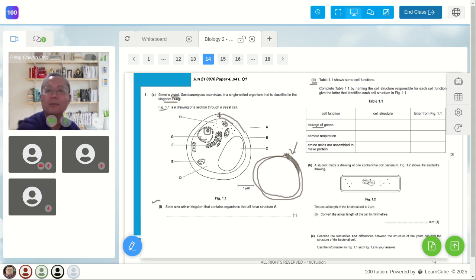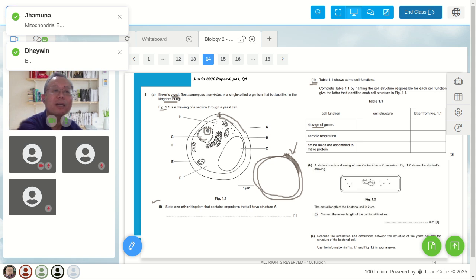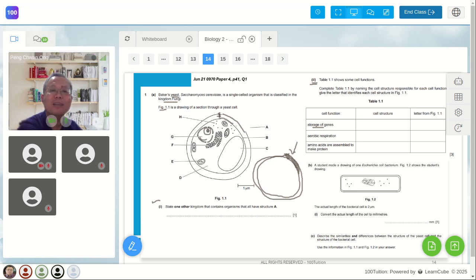Good. Then what about aerobic respiration? Which cell structure is responsible for aerobic respiration? And where is it? Yes, good, the mitochondria. And can you tell me which letter is the mitochondria? Very good. I think you all understand this very well.